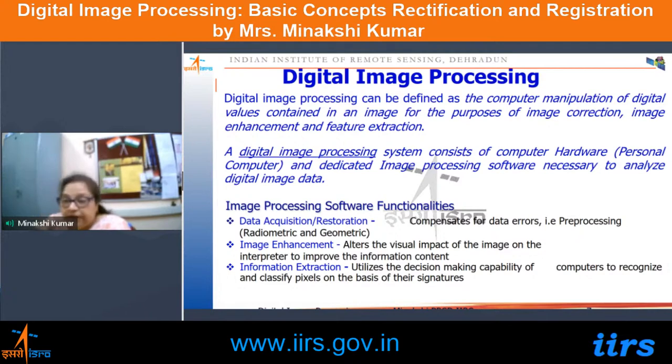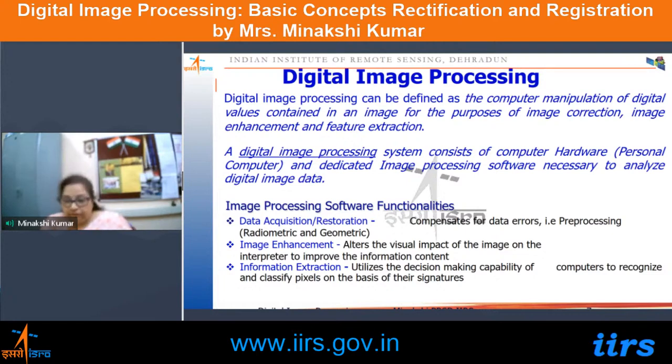The main task is that my image processing software should provide me these 3 basic functionalities which I mentioned in the definition. That means the image processing software should allow me to remove all kinds of errors. That means correction. It should allow me to do enhancement, which is altering the impact of the image.